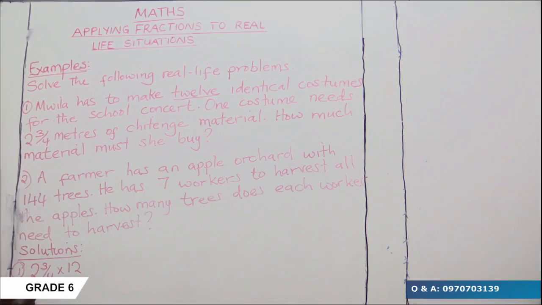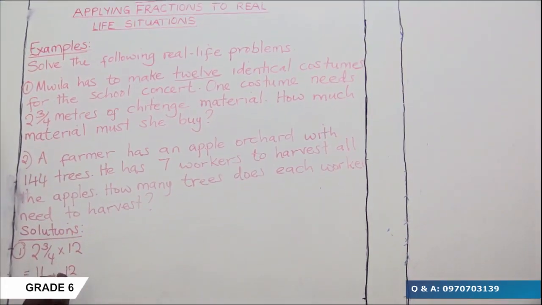Plus 3, it will give us 11/4. So you write this 4 down there. So it will be 11/4 times 12. The 12 will be over 1. A whole number has to have 1 written down there.